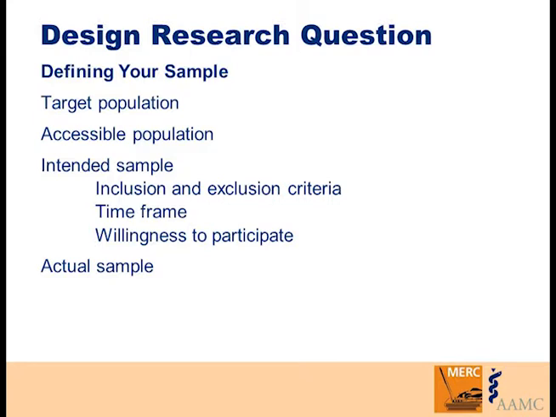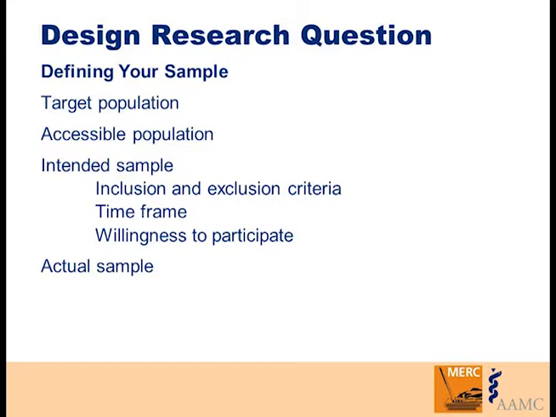So let's expand a little bit on defining the sample and population. Note that in the first example we moved from resident to PGY1 anesthesia residents. I added specificity to the sample. But there are other things you need to think about as you write your question and plan your study. One is, who is your target population? That is, who is the group that you ultimately want to generalize to?